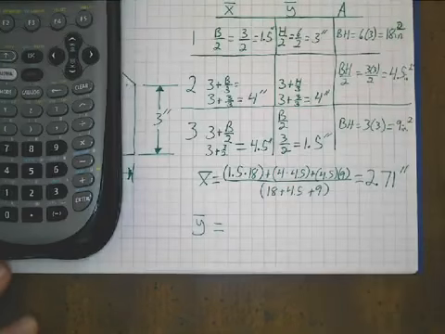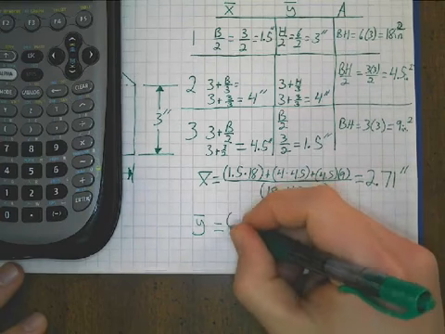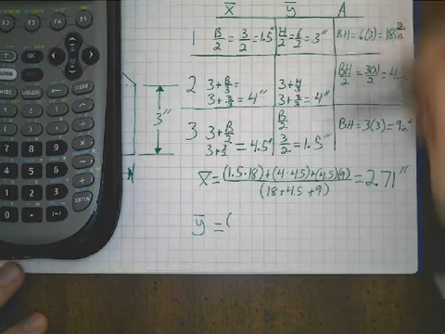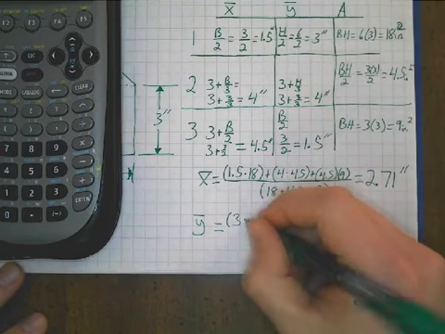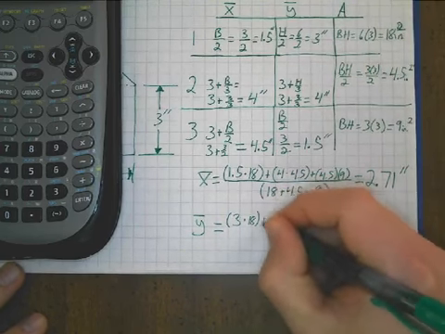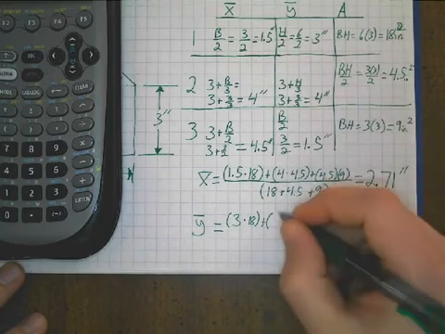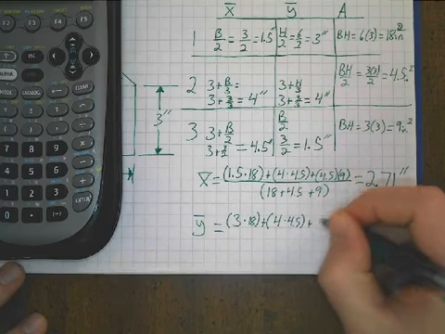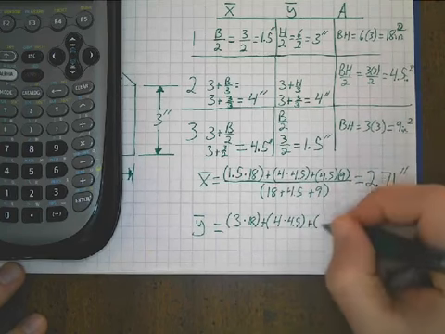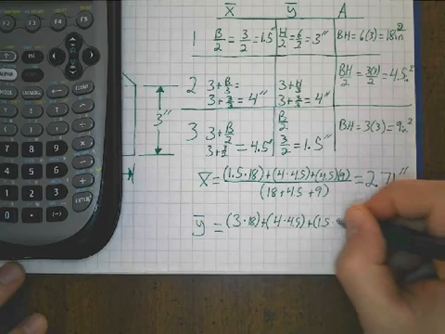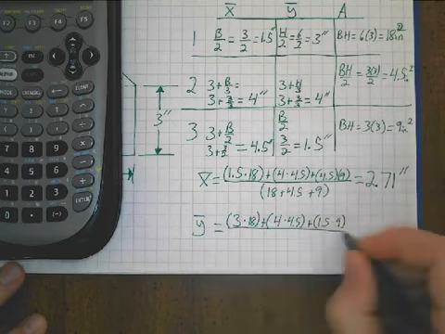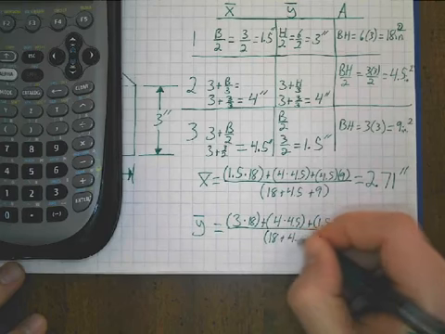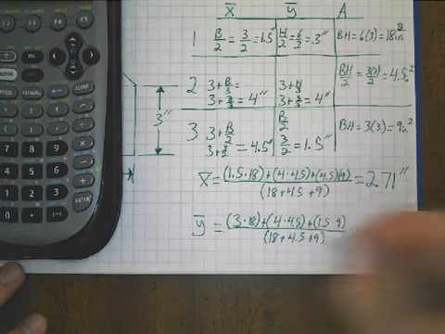Okay, y bar is going to be, now we look at my y bar column, 3 times 18 plus 4 times 4.5 plus 1.5 times 9, all divided by, once again, just our areas added together, 18 plus 4.5 plus 9.